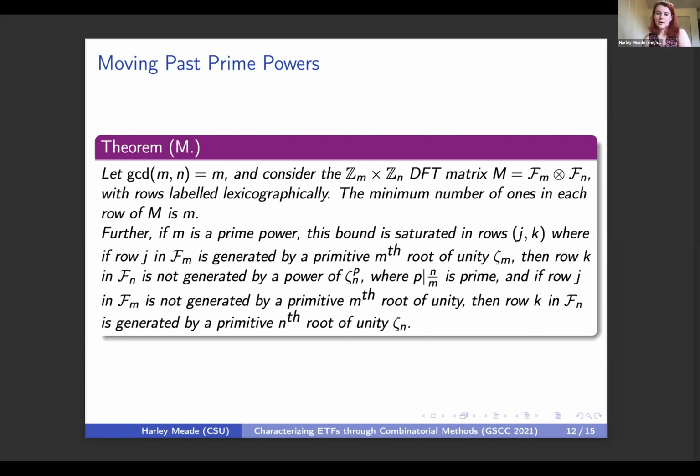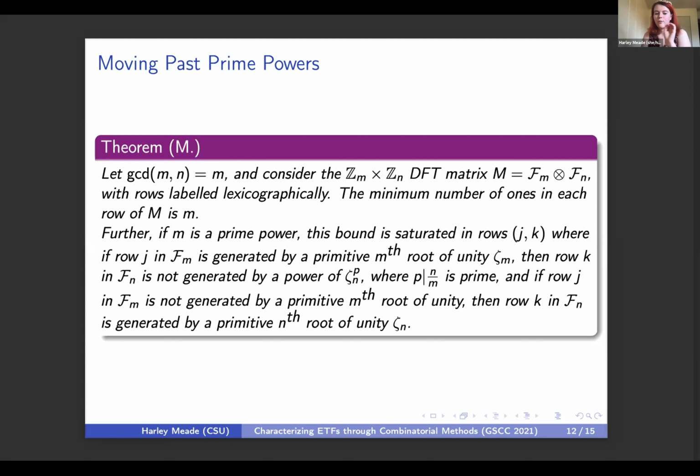We know exactly where this bound is saturated, and that's going to be in rows J, K, where if row J in F_M is generated by a primitive Mth root of unity, then row K in F_N is not generated by a power of zeta_N to the P, where P is a prime that divides N over M.